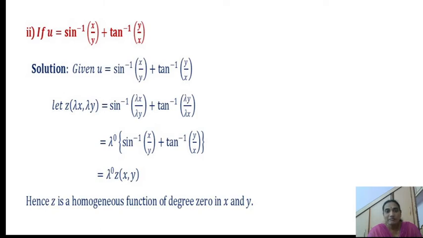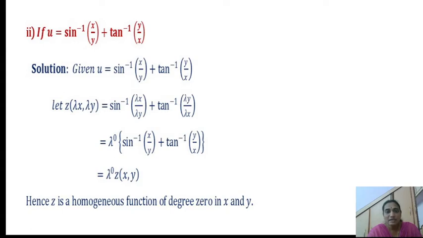We can take lambda as a common factor in both numerator and denominator. It becomes lambda to the power of 0 times sin inverse of x by y plus tan inverse of y by x, where this sin inverse of x by y plus tan inverse of y by x is a function of z.